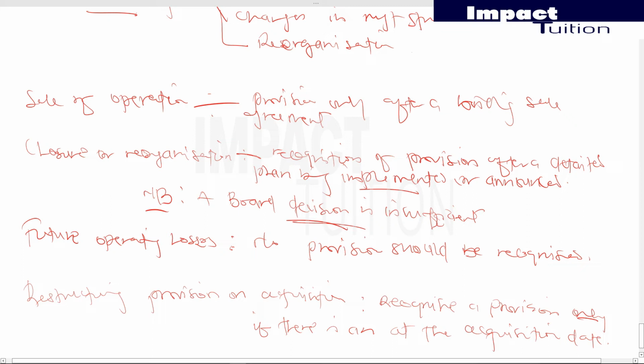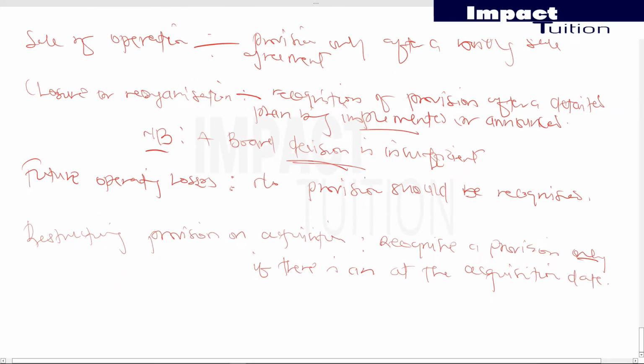If it is closure or reorganization, we can only have a provision after a detailed plan has been announced or is being implemented. A board decision is insufficient. Future operating losses, there should be no provision.